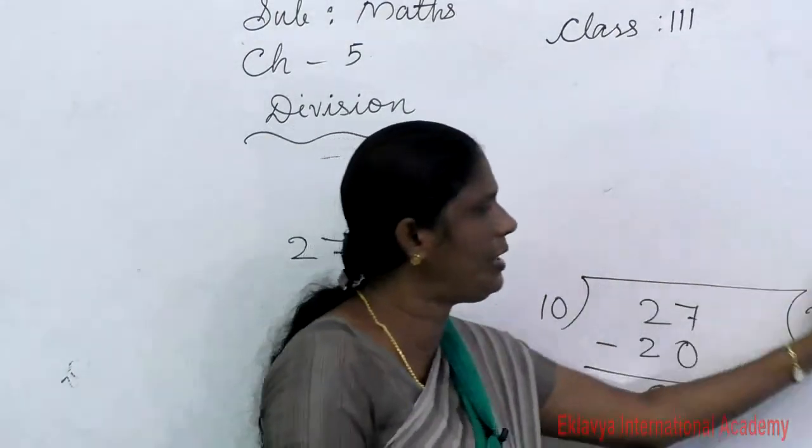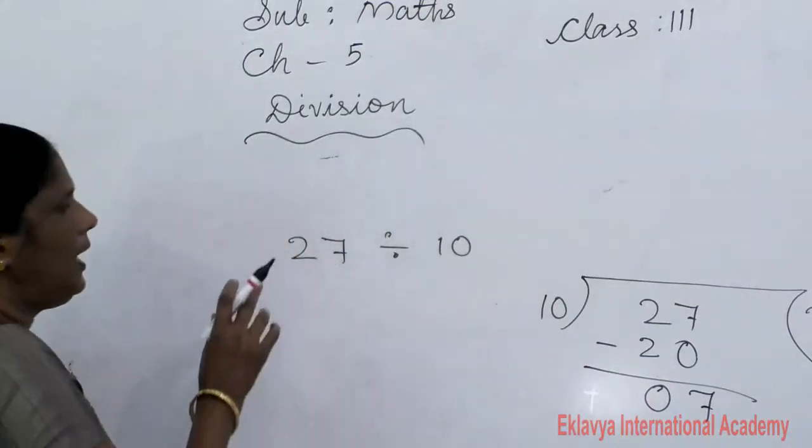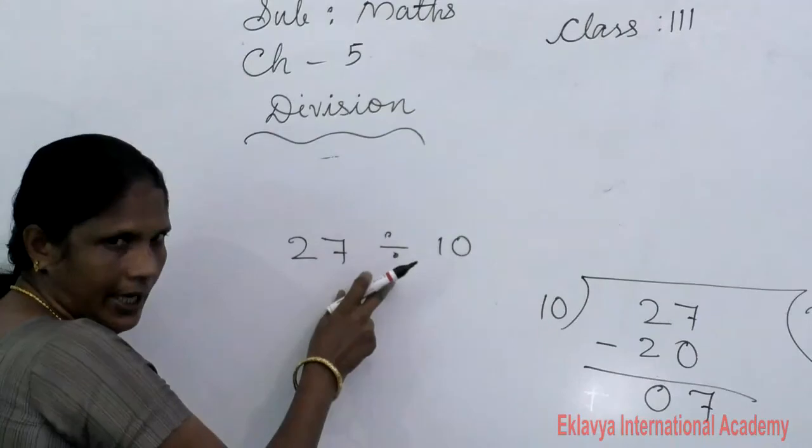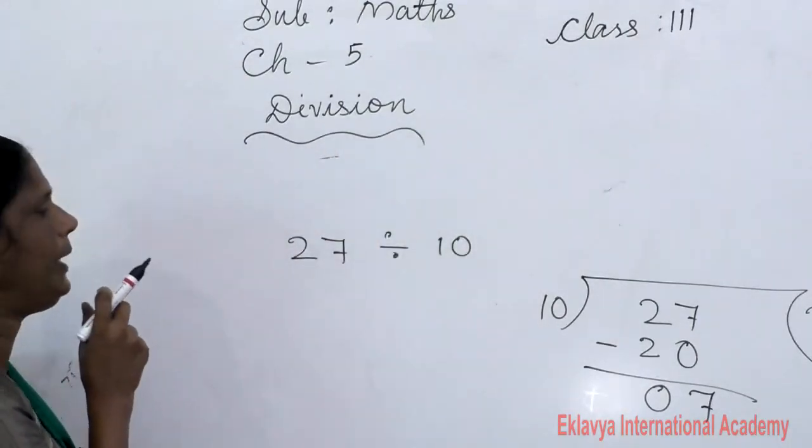This quotient we can find by the short method. That is 27 divided by 10.